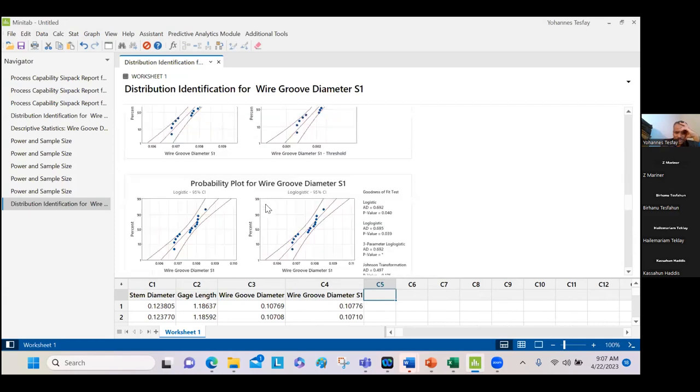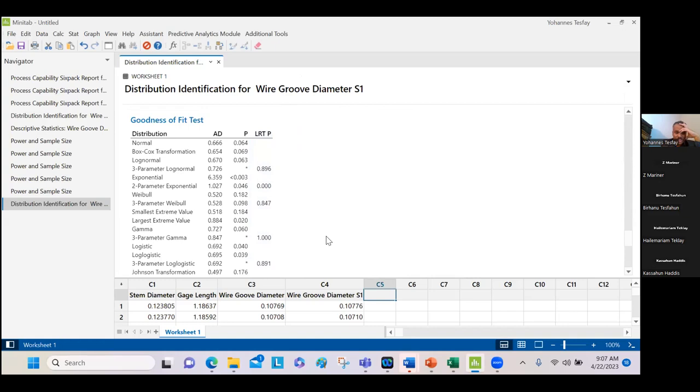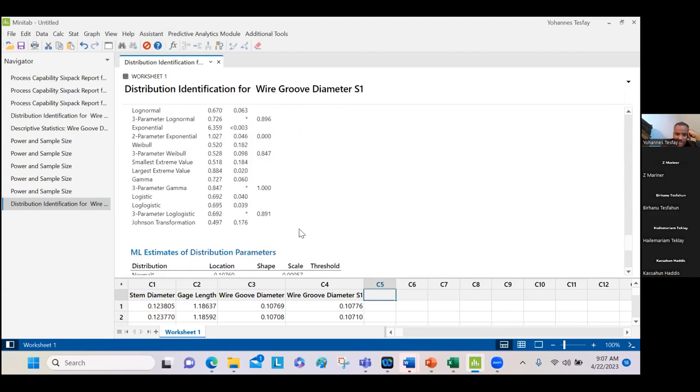So I'm gonna go here and I'm gonna look at if I find distribution. So I find a distribution now. Now the most adequate distribution here seems, you see, either Weibull distribution is the best.